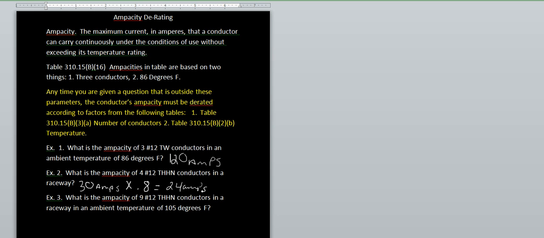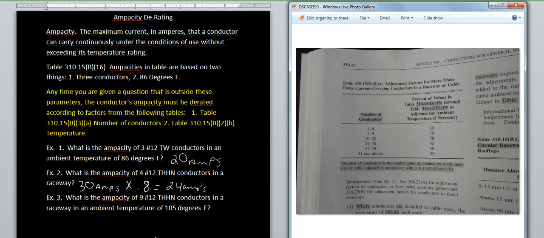That's the new ampacity, so none of those 4 conductors in this raceway can go above 24 amps. The same thing is done when you have a temperature element in the question.